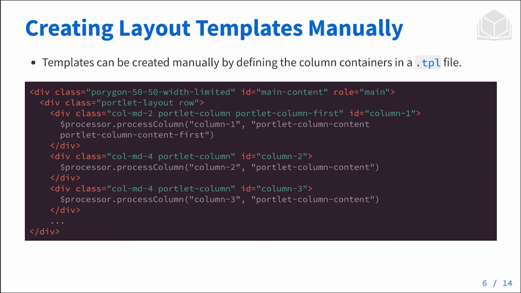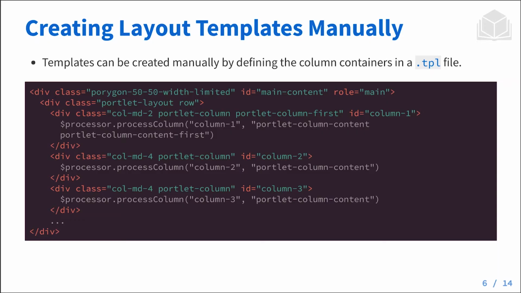Now, if we do want to take advantage of looking at the code and making some modifications, perhaps adding some classes so that some of our layouts have special designs, you can open up the TPL source file. This is an example of what you would see from the Porygon theme, which is one of our other marketplace themes that you have available to you in Liferay. The way this breaks down is we have our div structure.